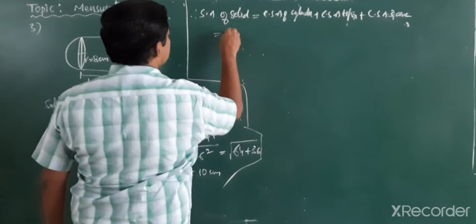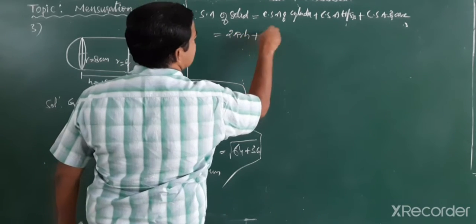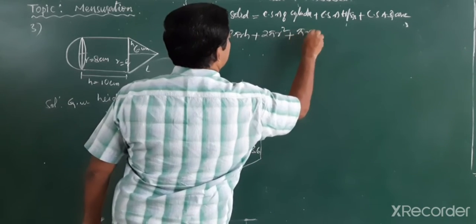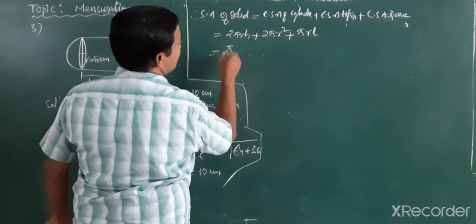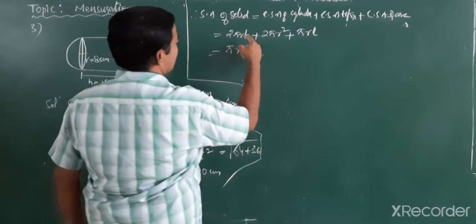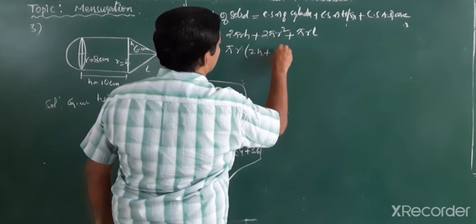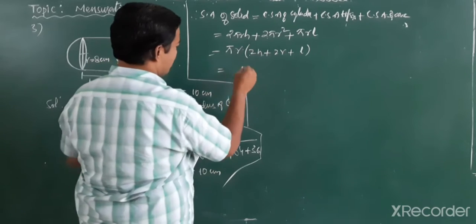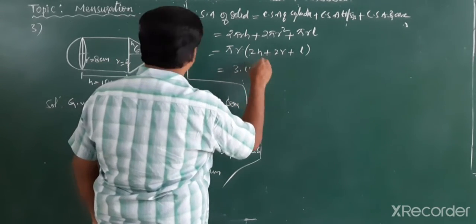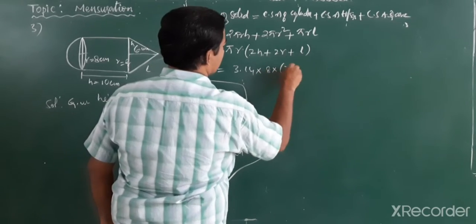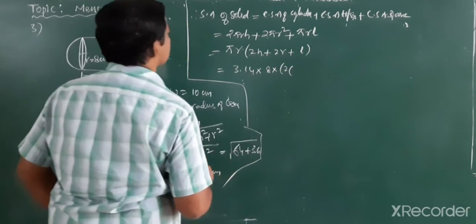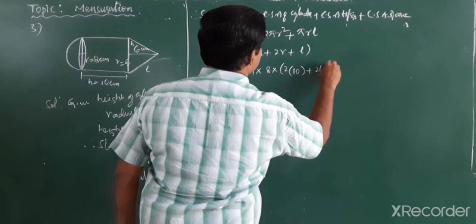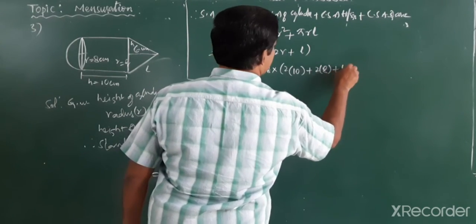So the surface area is 2 pi R H plus 2 pi R square plus pi R L. Taking pi R common: pi R times (2H plus 2R plus L). Now pi is 3.14, R is 8, H of the cylinder is 10, 2 into 8, plus L, the slant height, 10.